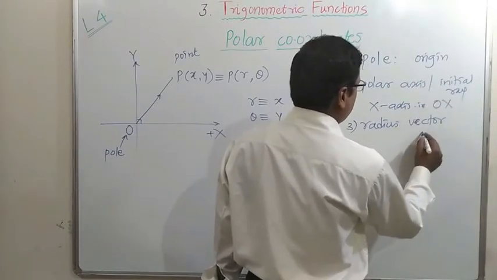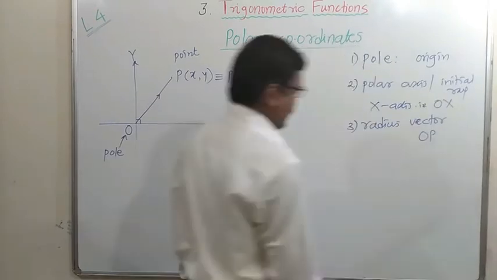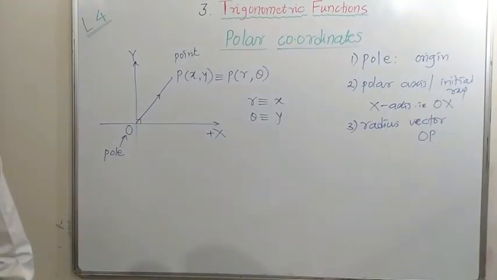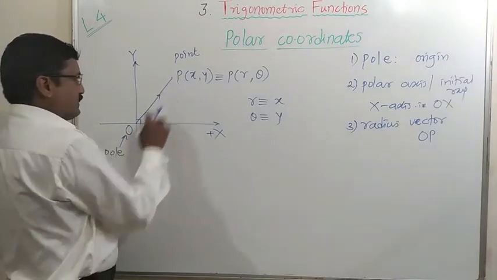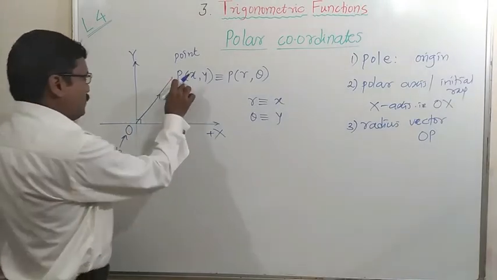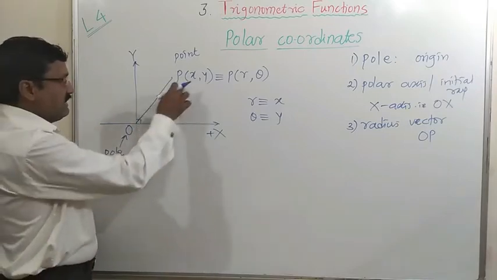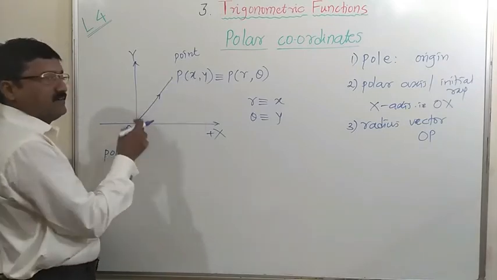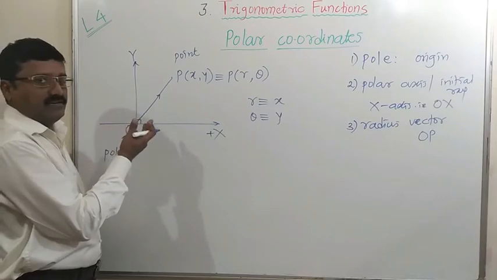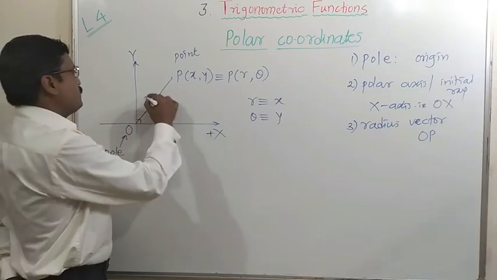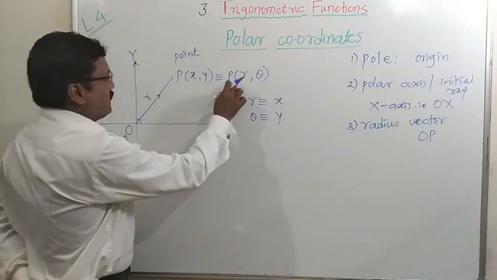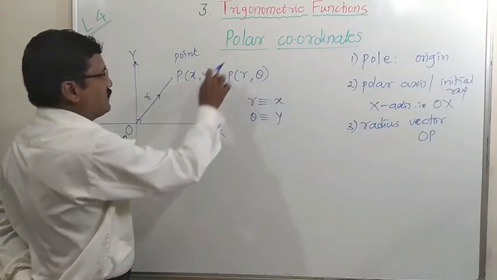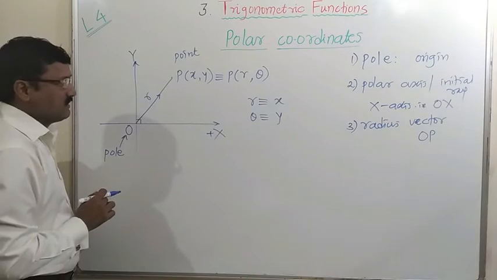So OP is our radius vector. Obviously the magnitude of this vector is nothing but the distance of point P from the origin, and as it is a distance, it is always positive. So this r is the distance and this is called the first coordinate of this polar coordinate ordered pair.